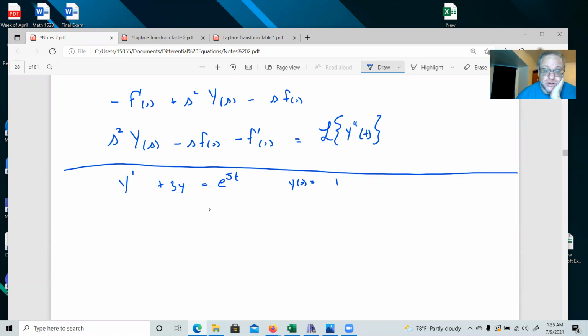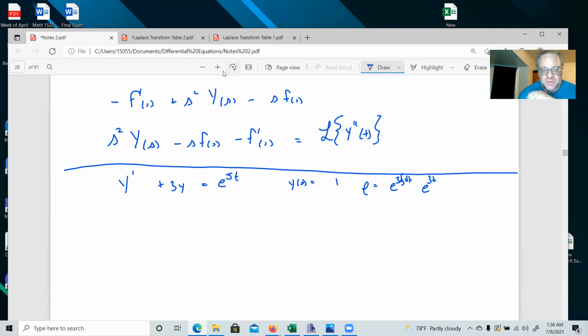So you could technically solve this in a number of ways, specifically getting an integrating factor, where rho is equal to e to the integral of 3 dt, rho is equal to e to the 3t, multiply that through, and then go through and deal with that. No problem. The reason why we're doing it this way is like, well, isn't there an easier way to solve it? Yes, but I want you to solve it this way with this one so that you know you got the right answer, because you could always check.